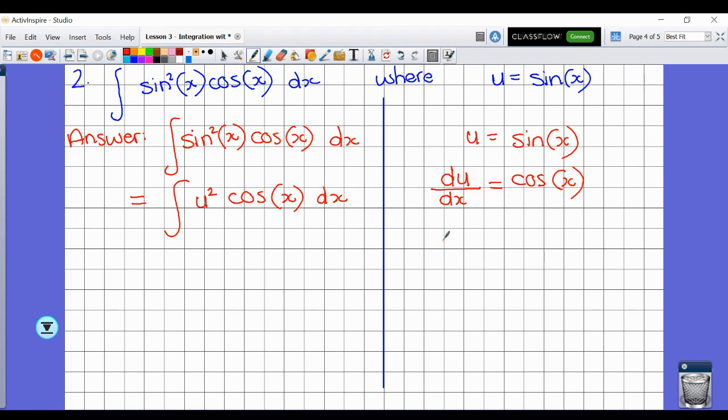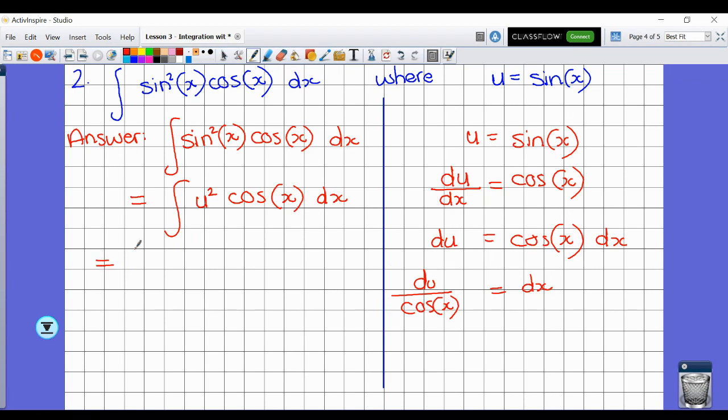So multiply both sides by dx. You can do this in one step if you want, you don't need to show all the working like I'm doing. And then I want dx by itself, so I'm going to divide by cos x.